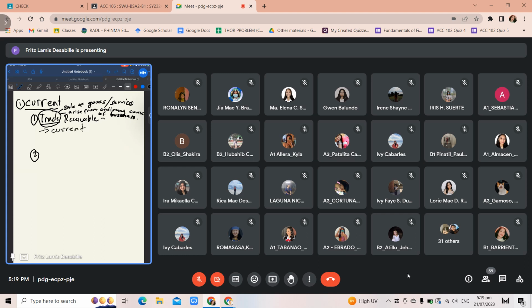It is current if we can collect it within one year, or the length of the operating cycle, whichever is longer.